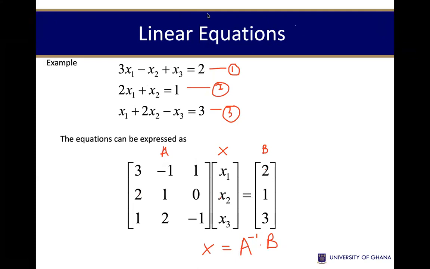For the inverse, if you check your calculator underneath the mode or setup, you see x raised to the power -1 there. That is for your inverse. So once I pick matrix A with shift 4, I press that x exponent -1, which is underneath the mode or setup key, and that gives me the inverse of A.